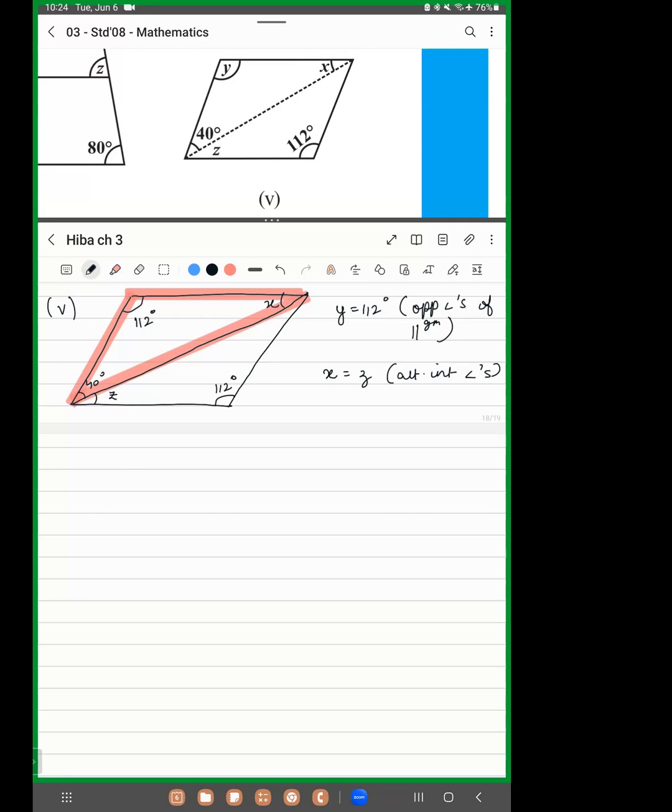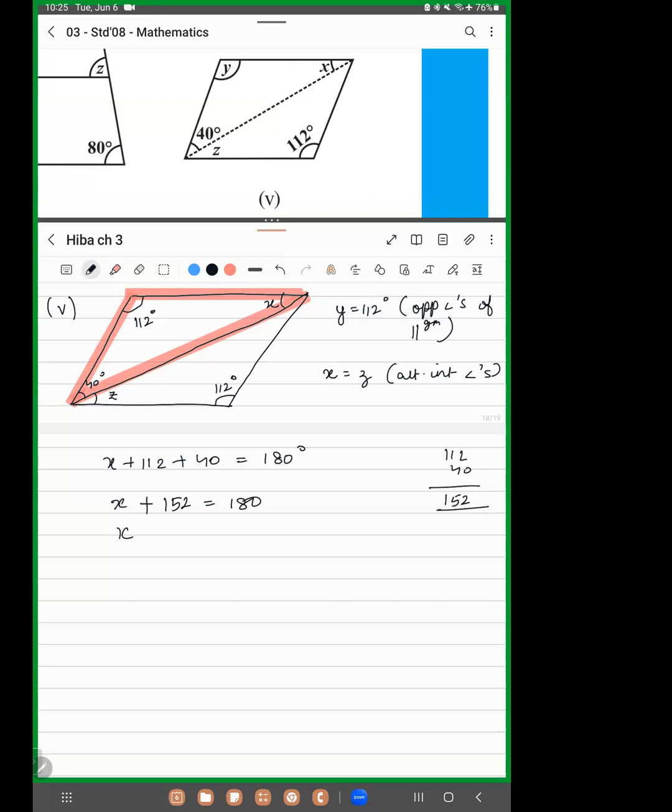No. See, wait, let me check. 40 plus 112, right? 112 plus 40. Basically, okay, let me write it like this. x plus 112 plus 40 gives you 180. So x plus, and now what's 112 plus 40? 152. है ना?